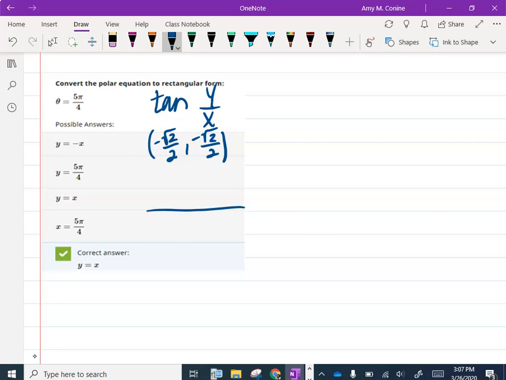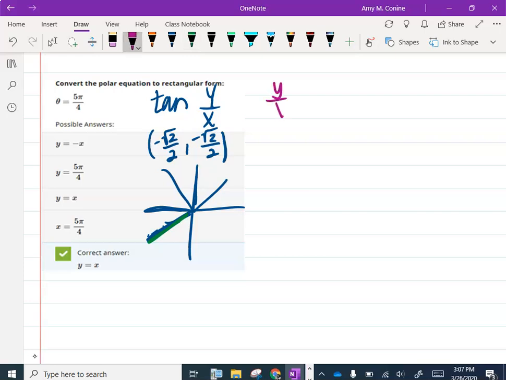Okay, so if you look at your unit circle, you've got pi over 4, 2 pi over 4, 3 pi over 4, 4 pi over 4, 5 pi over 4. So you're in here in your unit circle, so that's the -√2 over 2 for both.